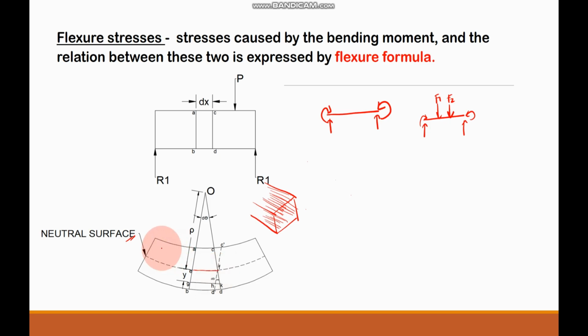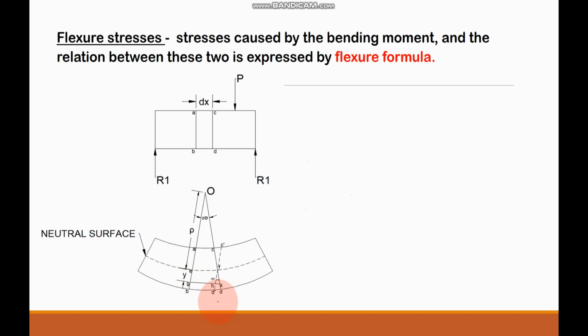Kaya tinatawag na neutral surface. So, dito sa EF, the fibers in EF remains unchanged and there is no change in length and they carry no stress. Kaya tinatawag na neutral surface.